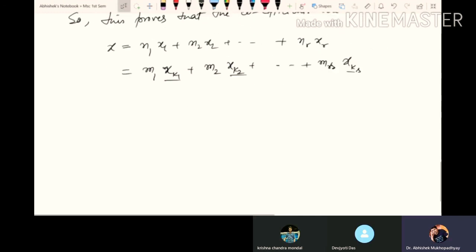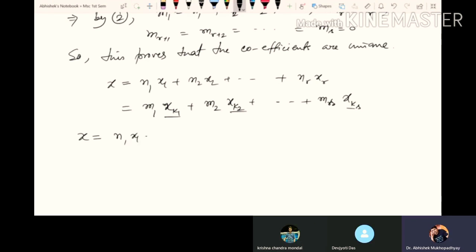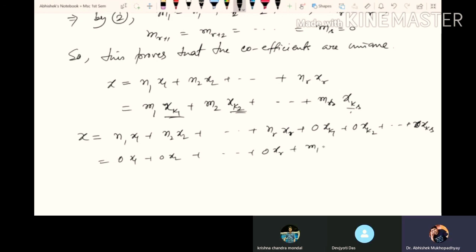But we can express x as n1 x1 plus ... plus nr xr plus 0 xk1 plus 0 xk2 plus ... plus 0 xks, and for the second one we put 0 for x1, x2, ..., xr, that is 0 x1 plus 0 x2 plus ... plus 0 xr, and the others are m1 xk1 plus ... plus ms xks.